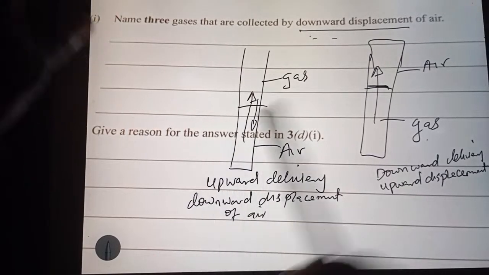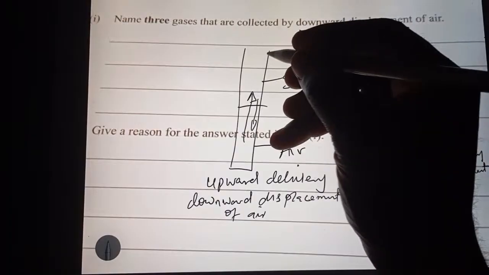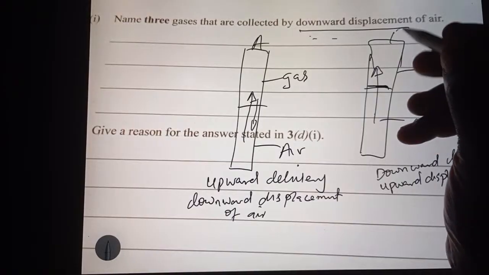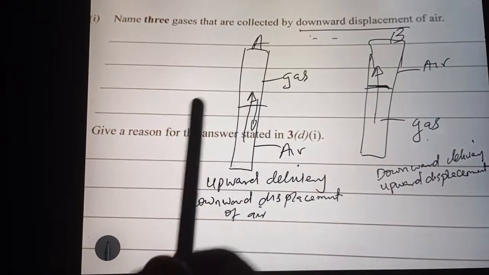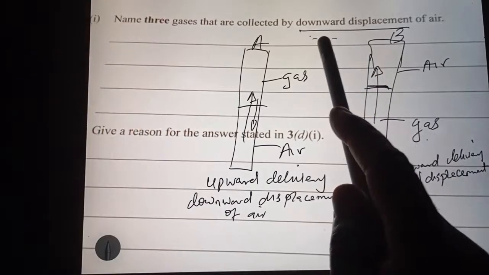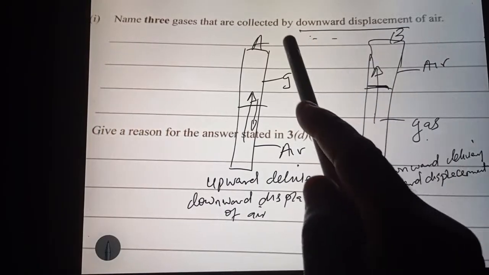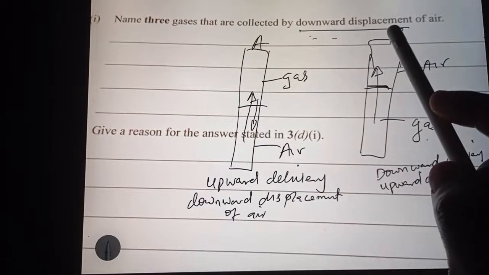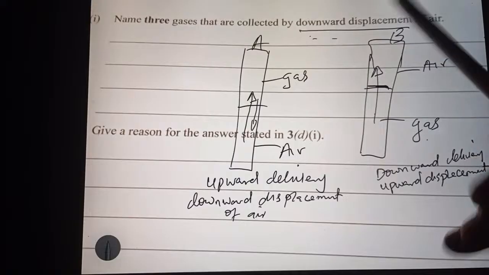In this one the gas is on top, which means it's lighter. So this particular one, A and B: A is for gases that are lighter than air, B is for gases that are heavier than air. They ask us about downward displacement. Downward displacement is the method of collecting gases that are lighter than air, because downward displacement of air means air is down and the gas is floating on top of it.